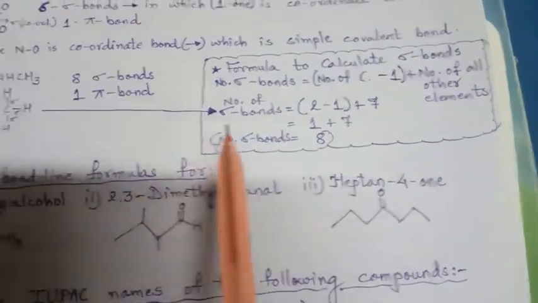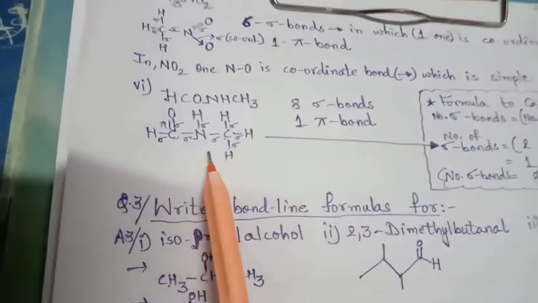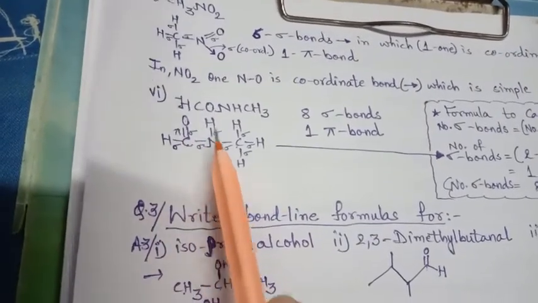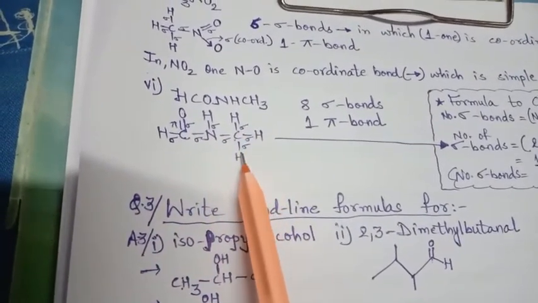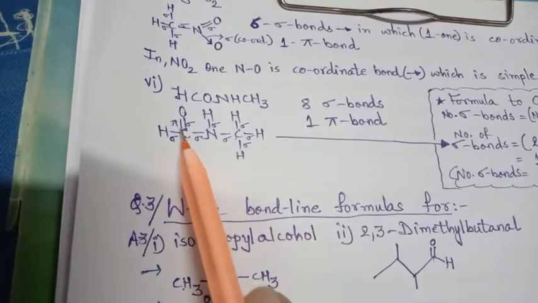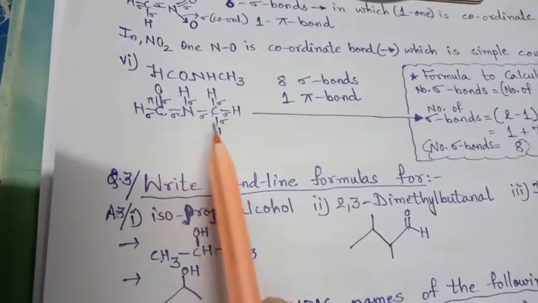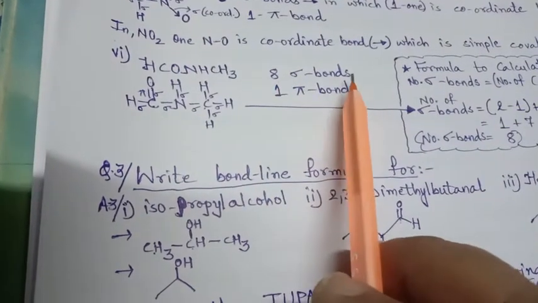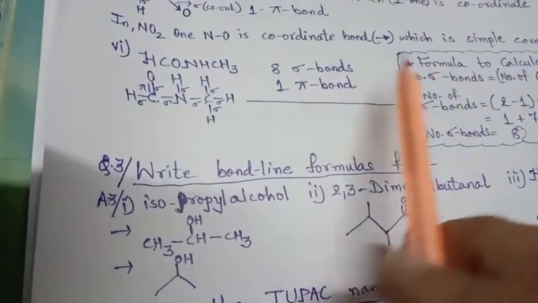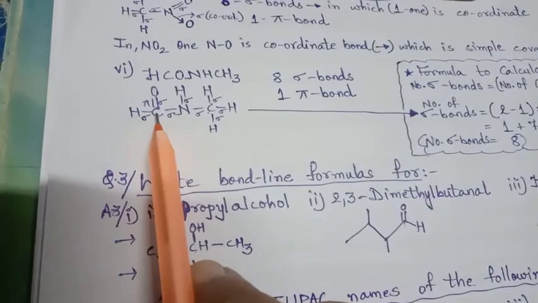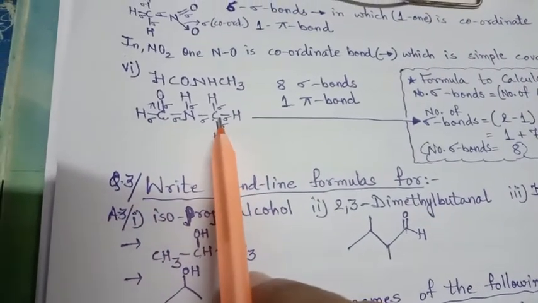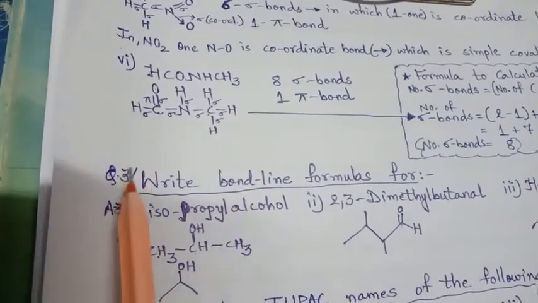See, here we have already calculated 1, 2, 3, 4, 5, 6, 7, 8. 8 sigma bonds are there and 1 pi bond is there. Now let us see whether 8 sigma bonds come according to the formula. First, how many carbon? 1 and 2, so 2 carbon minus 1, it will be 1 only.